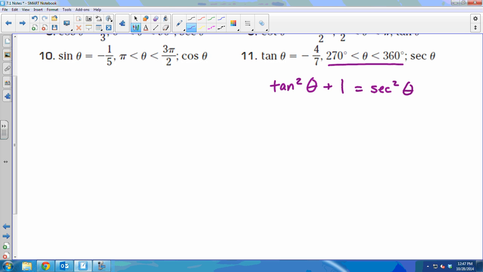All right, so again, we're going to substitute in what we have. We know tangent. That's the only thing we know.